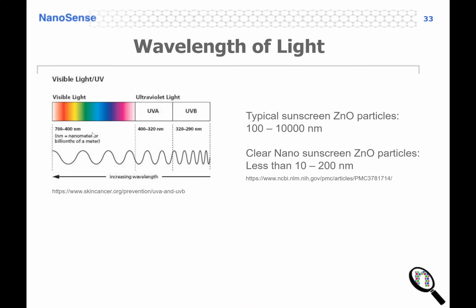700 to 400, yep. And so the typical sunscreen zinc oxide particles are between 100 and 10,000 nanometers in size, right? In clear nano sunscreen, the zinc particles are less than basically 200 nanometers. So they're less than the wavelength of visible light.